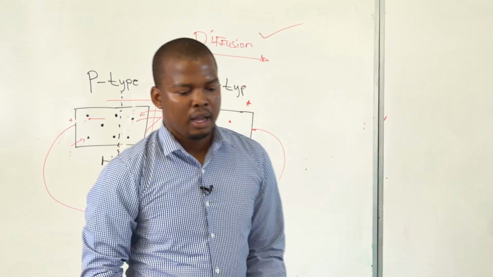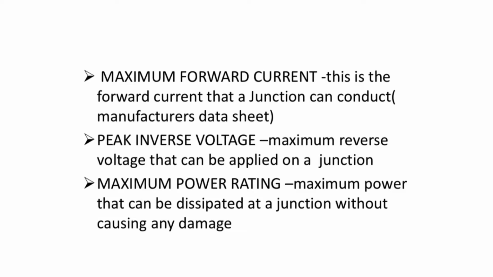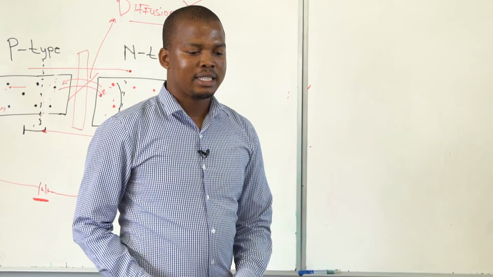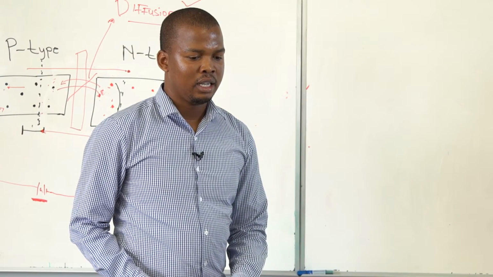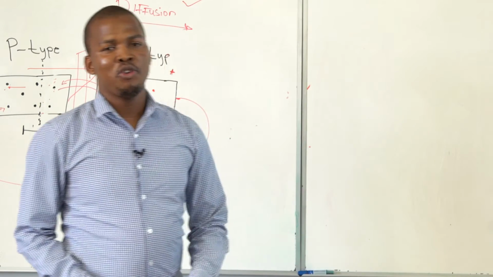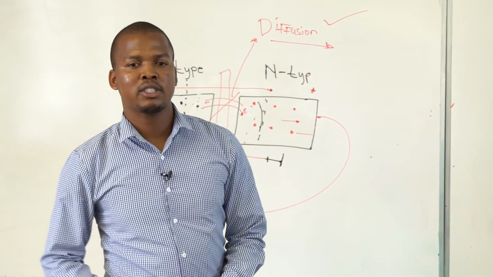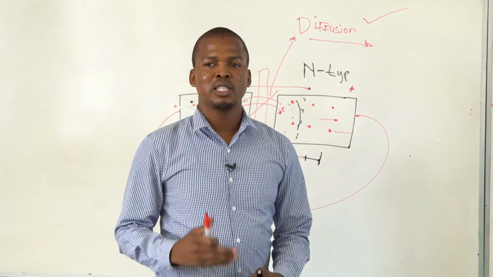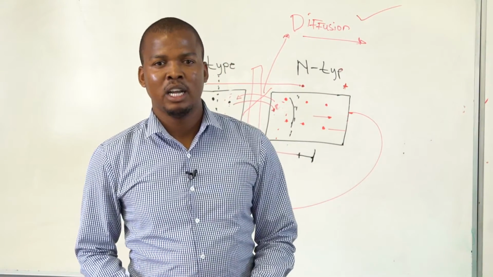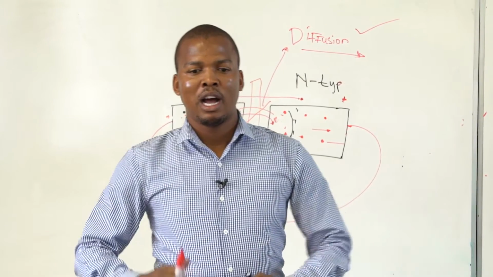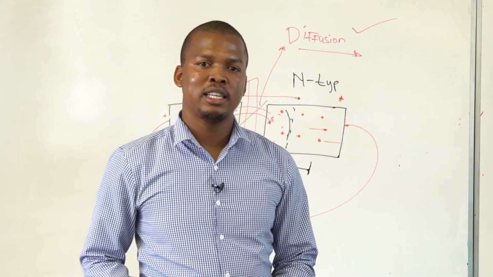Going back to our slides, maximum forward current. This is the forward current that a junction can conduct. Every time you make use of a PN junction electronic component, you must look at your data sheet. Your data sheet has all the specifications.